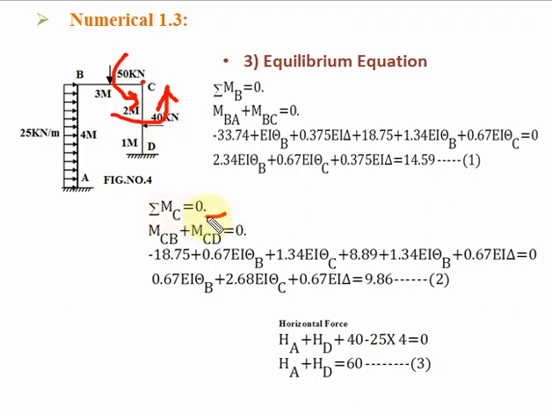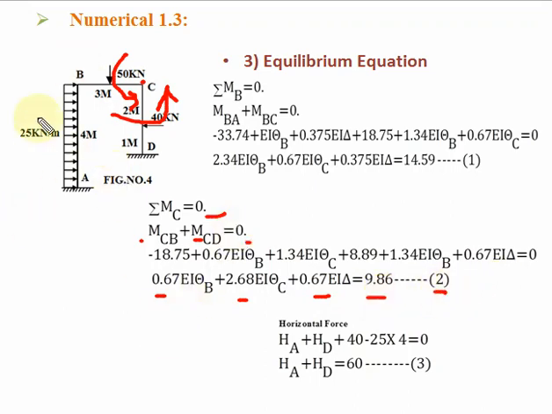So moment about C should be equal to 0, that is MCB plus MCD is equal to 0. Putting their values, we have 0.67 EI theta B plus 2.68 EI theta C plus 0.67 EI delta is equal to 9.86. So this is equation 2.